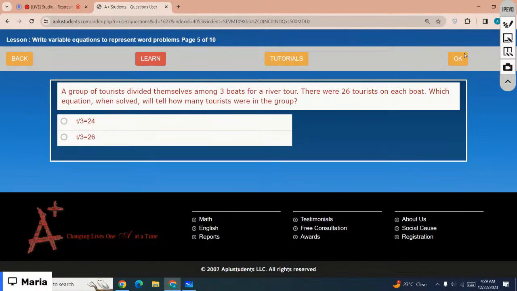A group of tourists divided themselves among 3 boats for a river tour. There were 26 tourists on each boat. Which equation, when solved, will tell how many tourists were in the group? Which is the correct option?